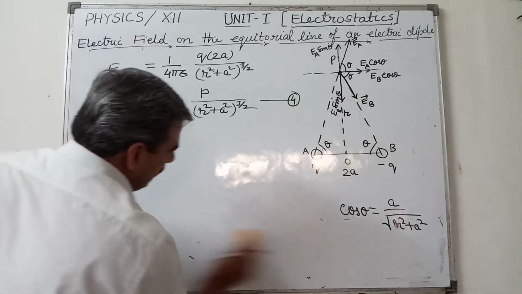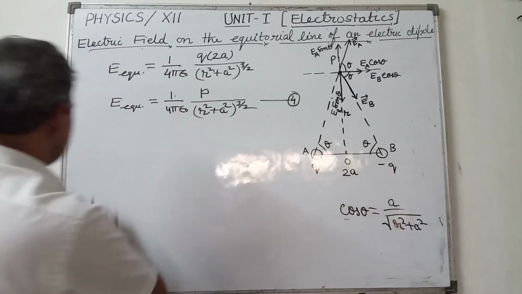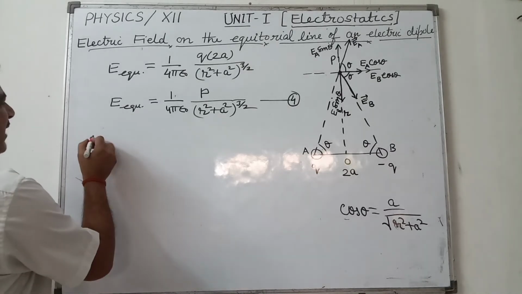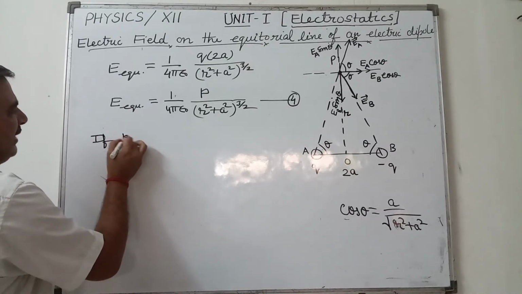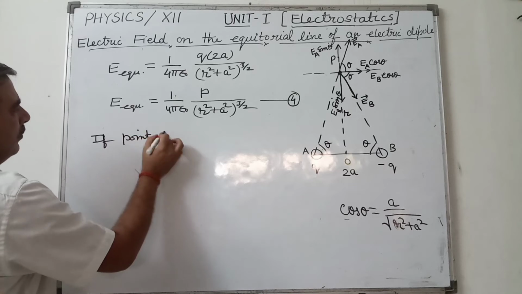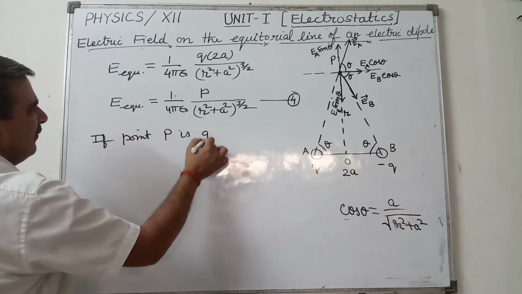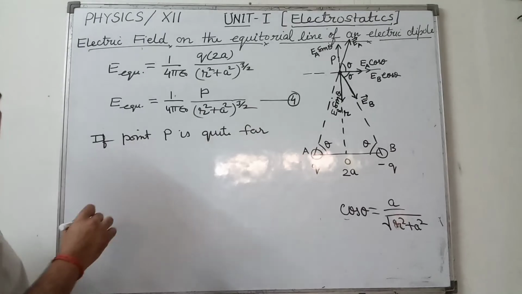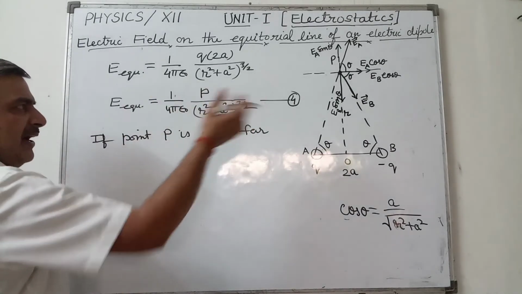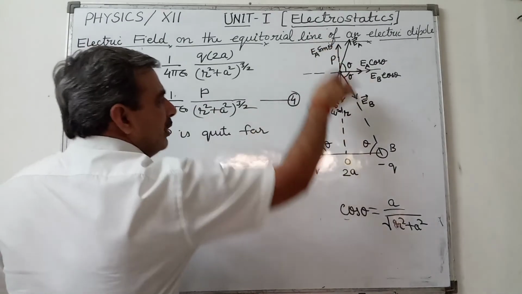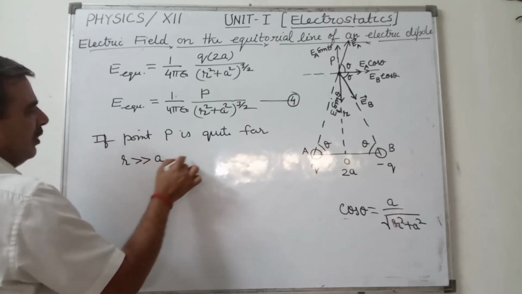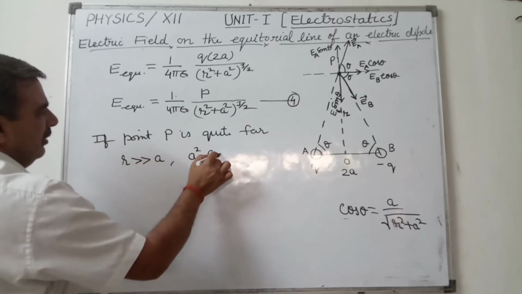Now, as in the previous case, we can also have some assumption here. If you assume that point P is quite far, that is, R is very large, that is R greater than A, so A square can be neglected.